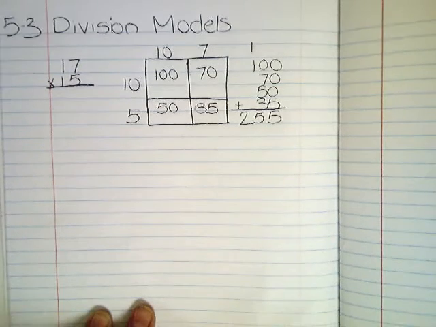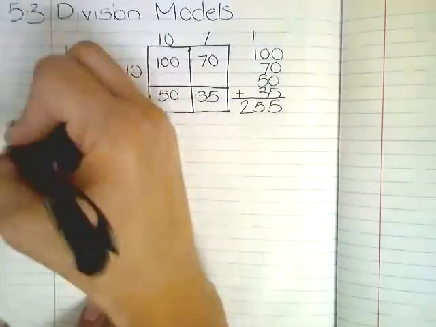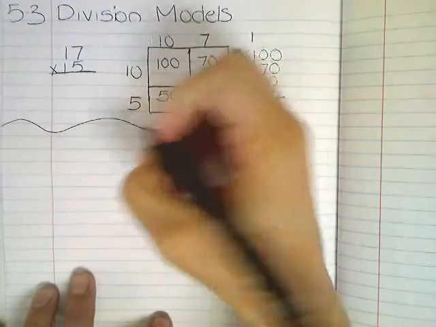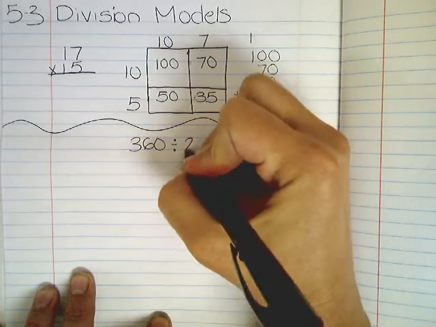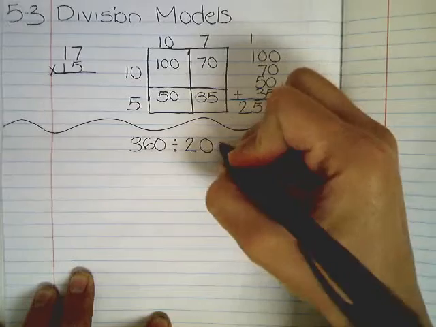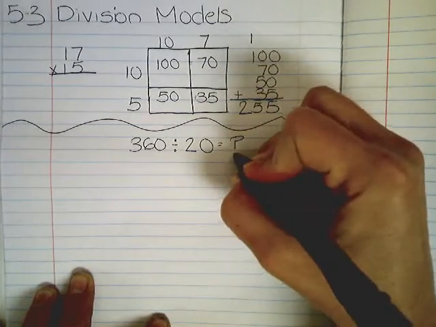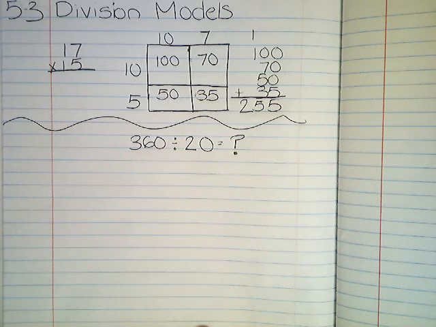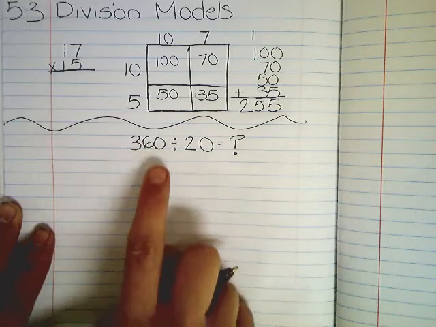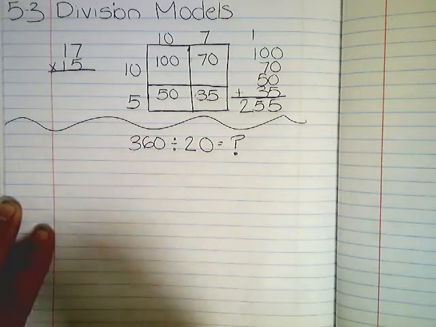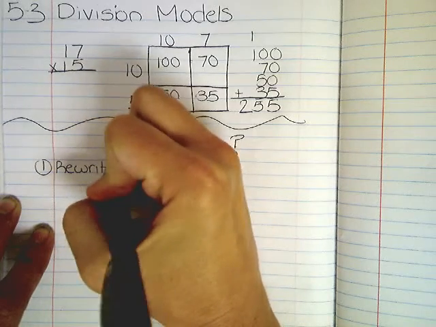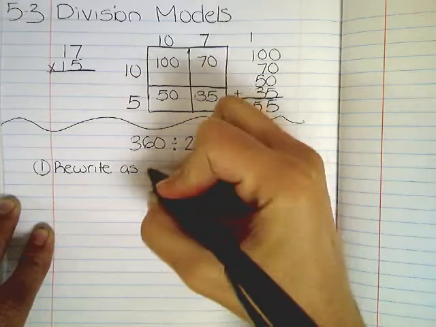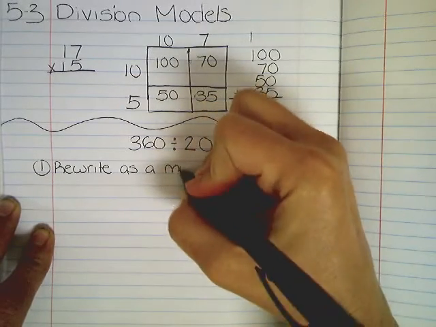Right now, what I'd like for you to do is write the following problem: 360 divided by 20 equals something. The first thing I want you to do is rewrite this problem as a multiplication problem. So step 1 is to rewrite as a multiplication problem.